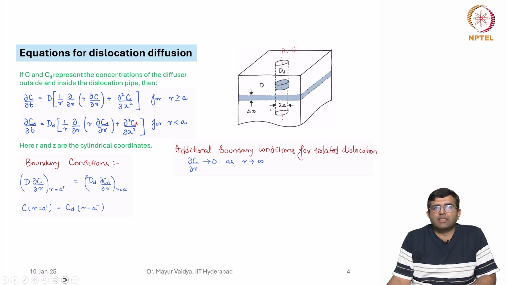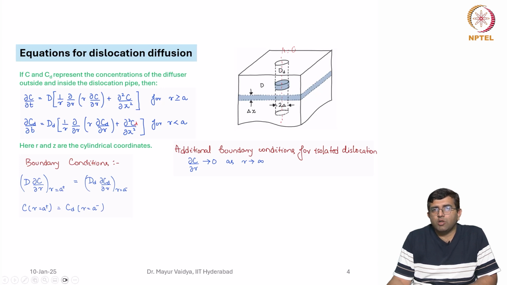So a+ means slightly more than a, where you have the lattice, and a- means slightly less than a, where you have the dislocation. To maintain continuity, the flux should be continuous here, so D ∂C/∂r should be equal to Dd ∂Cd/∂r.